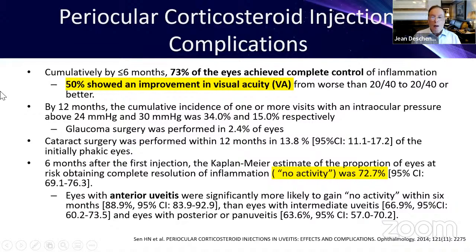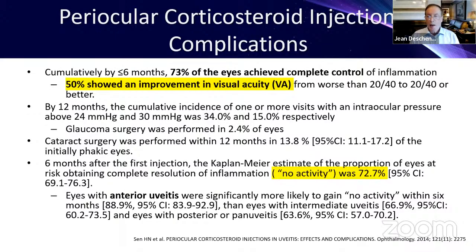By 12 months, the cumulative incidence of 1 or more visits with intraocular pressure above 24 and 30 was 34% and 15%. So you really have to follow your patient closely when you do periocular corticosteroid. Cataract surgery was done within 12 months in about 14% of the patients.